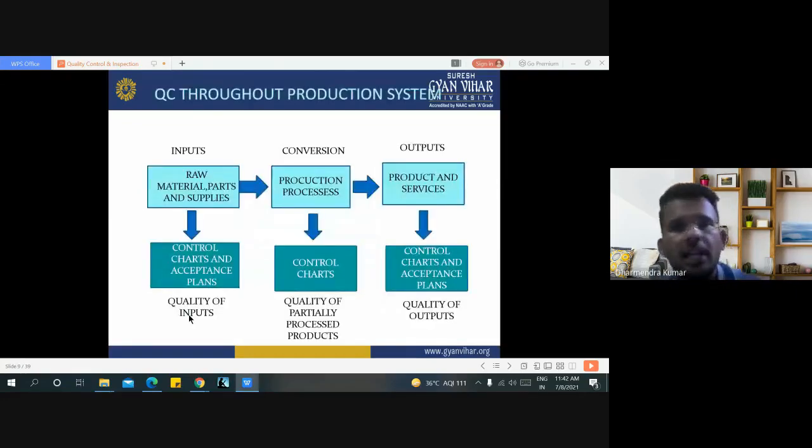This is the quality control throughout the production system. Like inputs, we check the quality when material comes from any vendor or supplier, like quality of raw material, quality of parts, and quality of supplier.